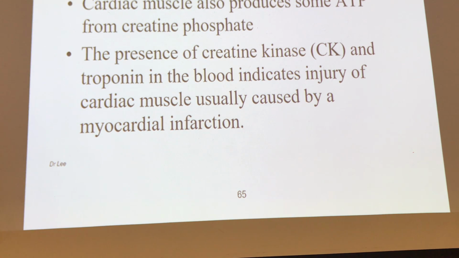Again, we want something that slowly increases, right? The reason is this: most people don't go to the ER right away. So if you have a protein that goes up right away and then comes down right away, by the time they go to the ER 3-4 hours later, it might have gone down, and now that's gonna be missed. So troponins stay elevated for a long period of time.